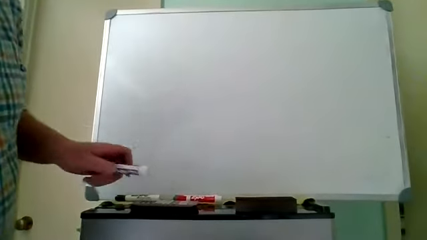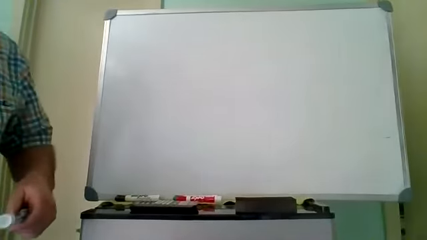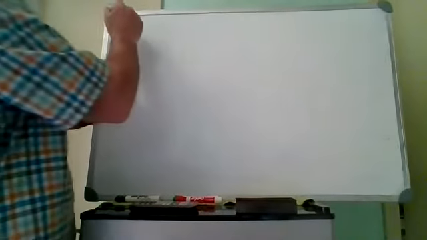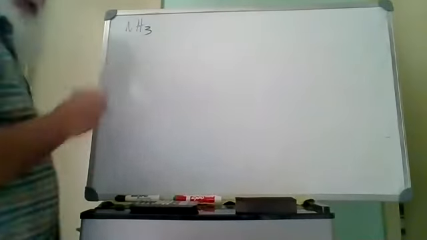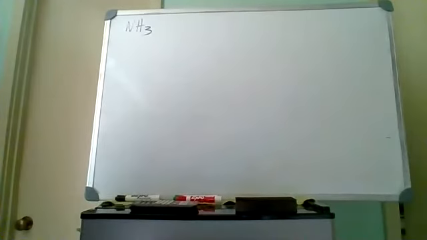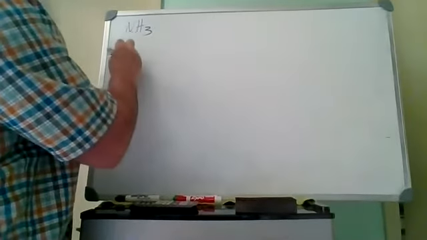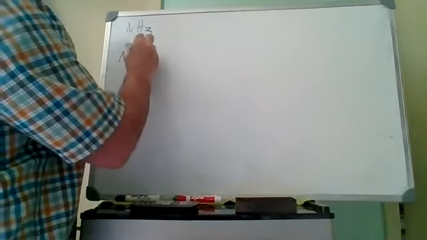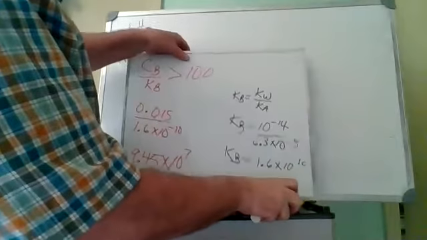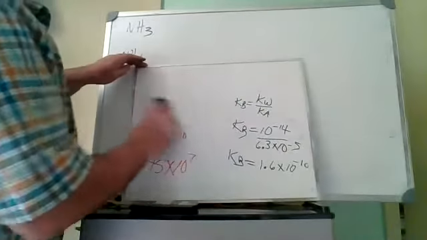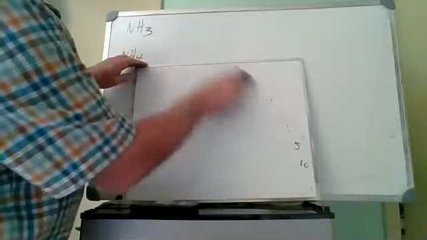We're given 4 solutions, all with the same concentration. I'm not going to write down the concentrations because they're all the same. I'm going to write them down on this little one and use the big one for the rest.